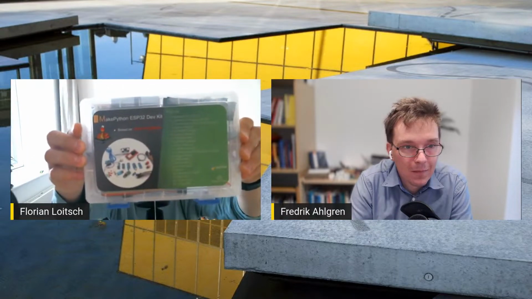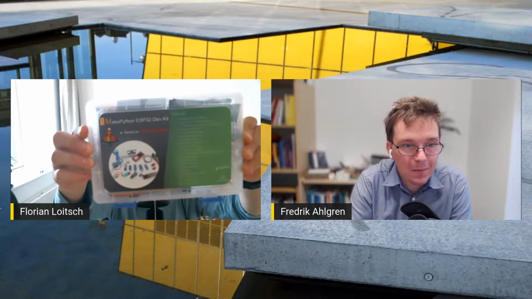So I would say it's medium. It's to a point where I would look on packages.toit.io first to see if the driver is there. If it's not there, I would either see if it's easy to implement or ask if somebody can help. But I would say that most of the time it actually works. So I have, for instance, this MakePython ESP32 dev kit, and that is fully functional.